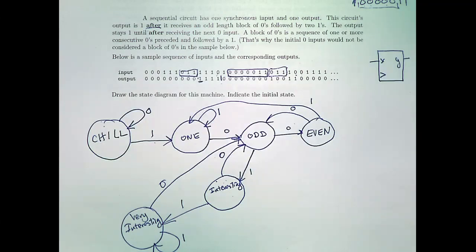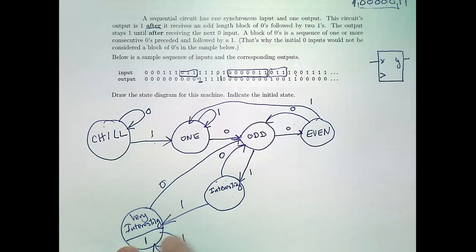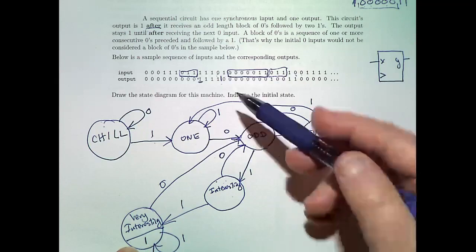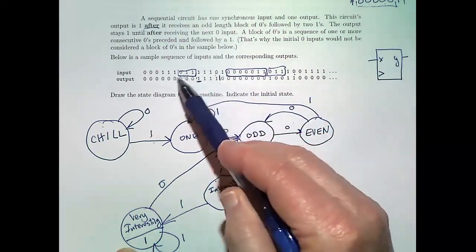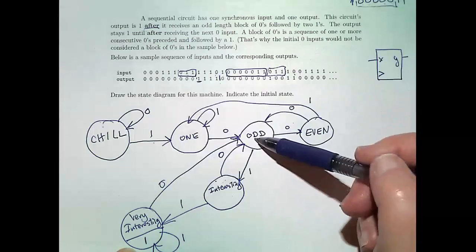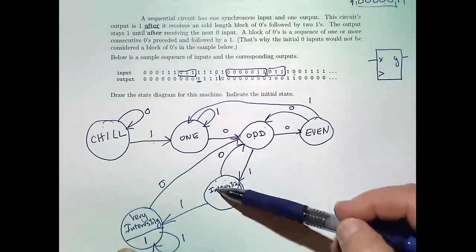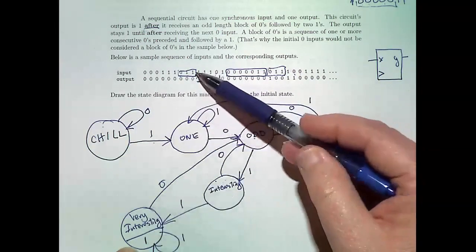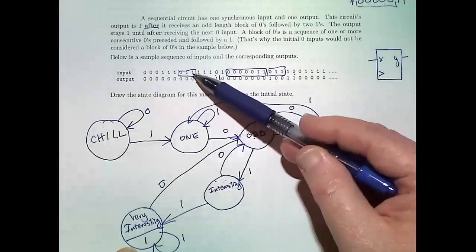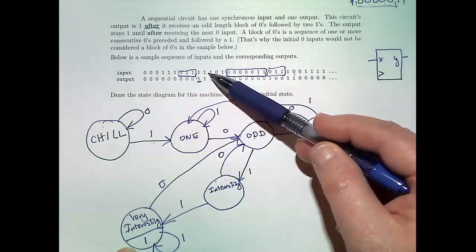Okay, so what should my output be? 1? Okay, now, because I am putting it in the state, this is going to happen after I clock in the two ones, right? It's not until the transition that has the second one that I will start outputting it. So I would be sitting here, let's see, I have a 0 that will take me to odd, and then this 1 will take me to interesting, and then this second one will take me to very interesting, and then here will be sitting in state very interesting, outputting the 1.